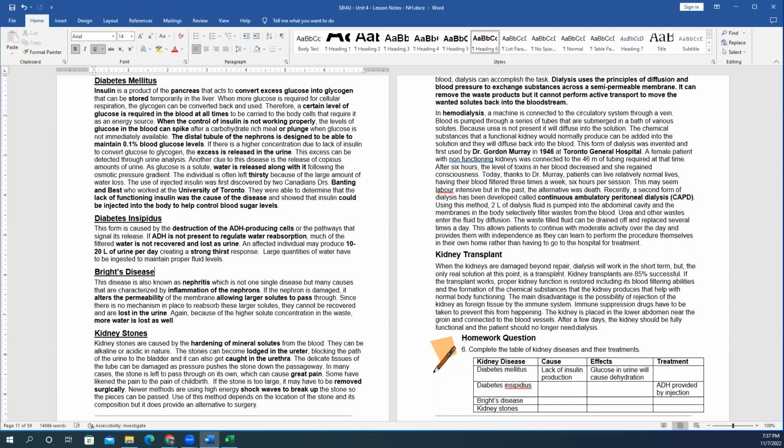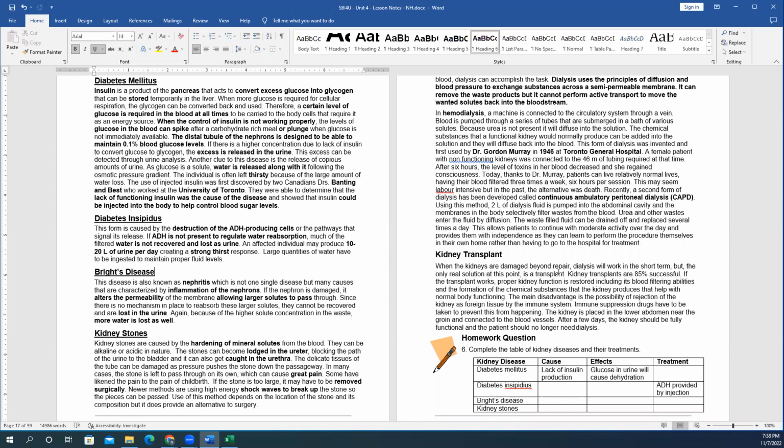In this method, about 2 liters of dialysis fluid gets pumped into the abdominal cavity of the person receiving dialysis, and then the membranes in the body will selectively filter the wastes from the blood, and urea and other wastes enter the fluid by diffusion. This waste-filled fluid gets drained off and replaced several times a day.